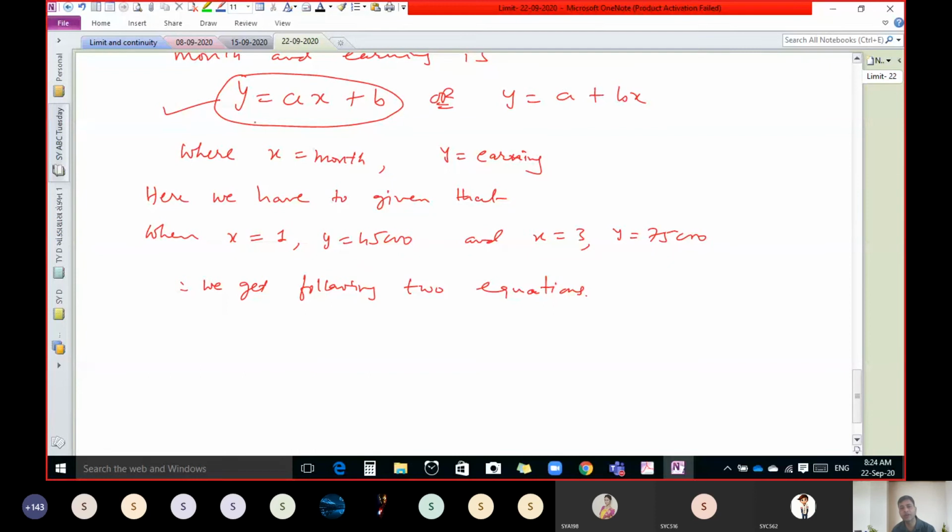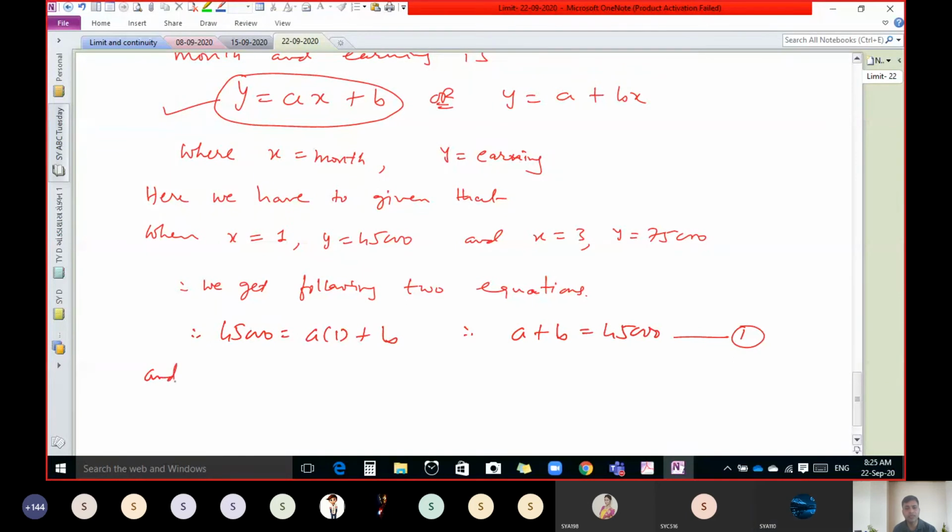Now tell me the equation. 45,000 is equal to a plus b. Yes, a into 1 plus b. That means a plus b equal to 45,000, equation 1.